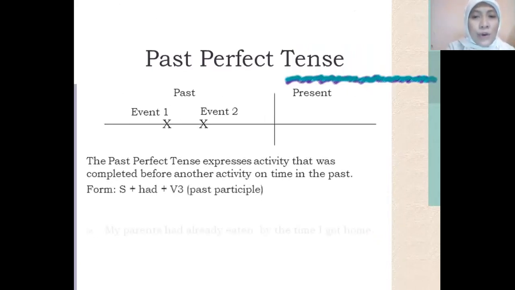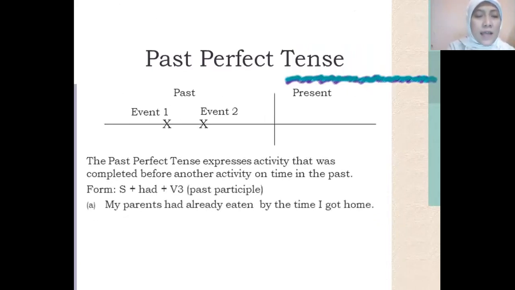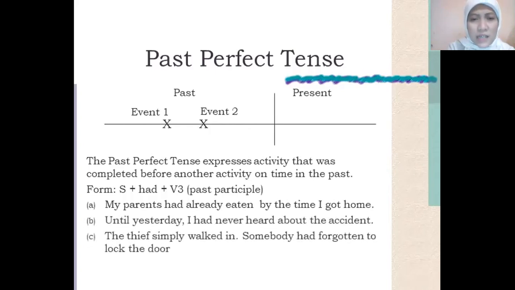Okay, as you have maybe already understood, past perfect tense expresses activity that was completed before another activity or time in the past. The formula is subject, had, and then verb 3. Example A, my parents, the subject, had, and then the verb 3, eaten.